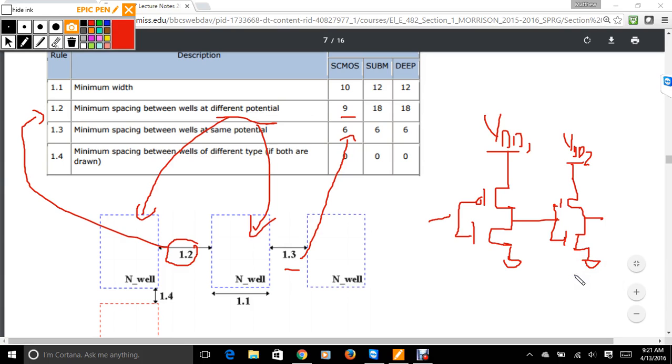Do you recall which one had to be bigger in terms of VDD? Was it VDD2? Why? I'll give you a hint: noise margins.